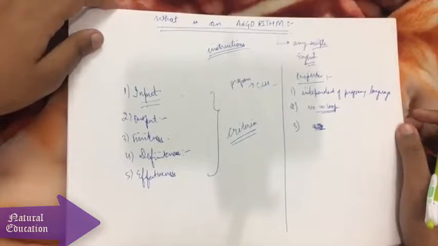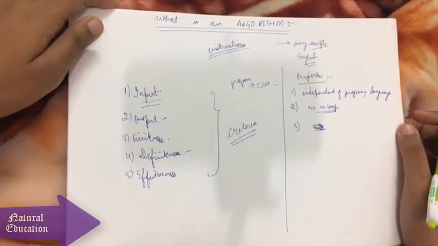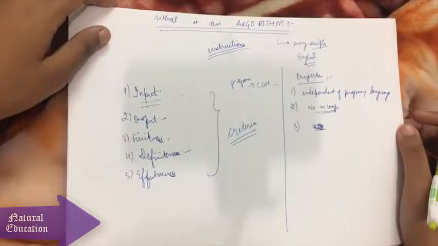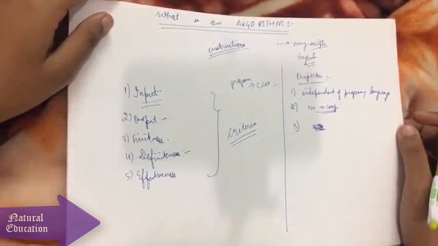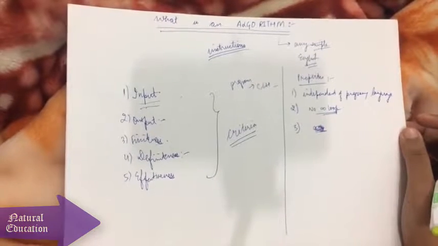The fourth property is that an algorithm is a sequence of operations performed on data that has to be organized in a data structure. We do not define which data structure we are using.